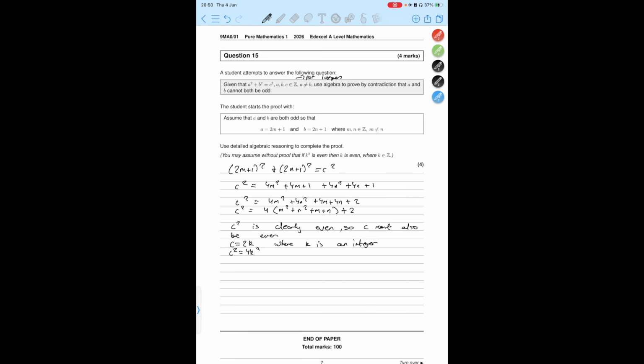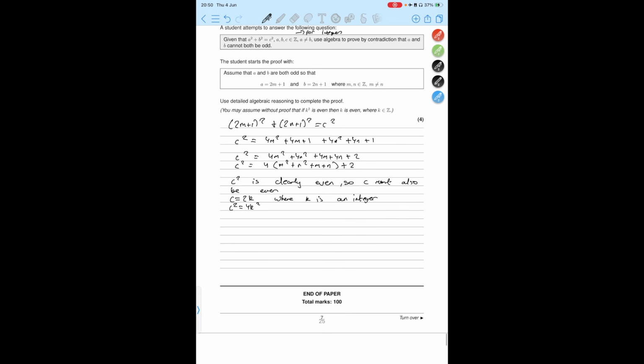However, we have to look here. We have to compare these two, okay? This box here is saying that c squared is perfectly divisible by 4. So no matter what, you'll get no remainder. However, we can see here that c squared clearly has a remainder when divided by 4. It has a remainder of 2.